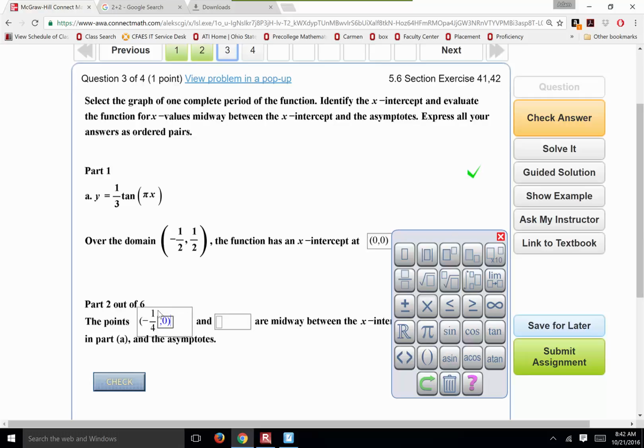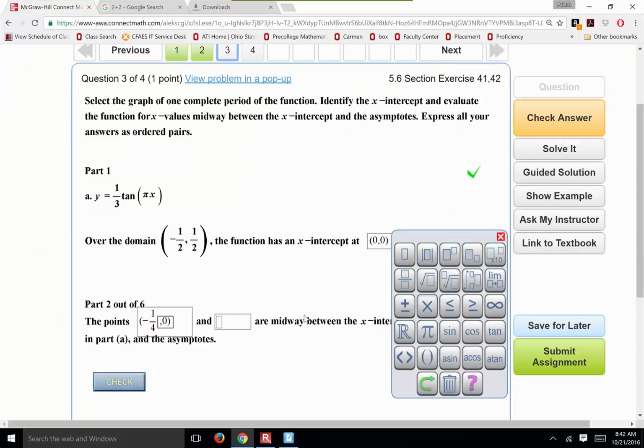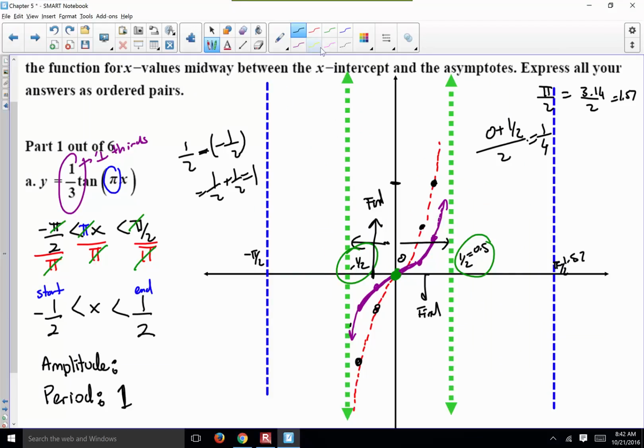Zero, of course. Oh, hold on. Is it 0? The points are midway between the x-intercept. So they want not just the x value. They want, when this curve crosses my tangent curve, it makes this contact point.